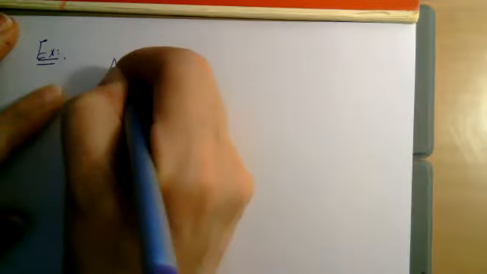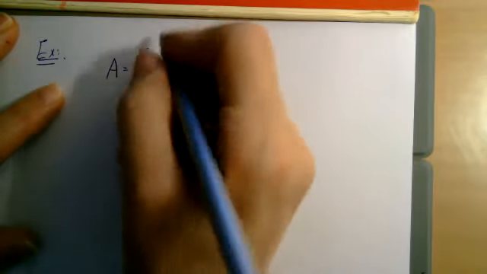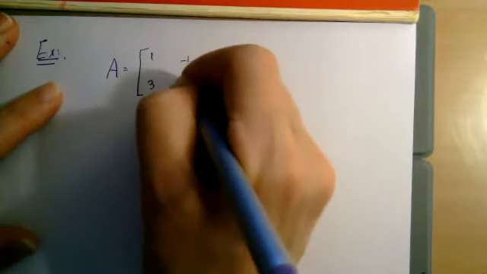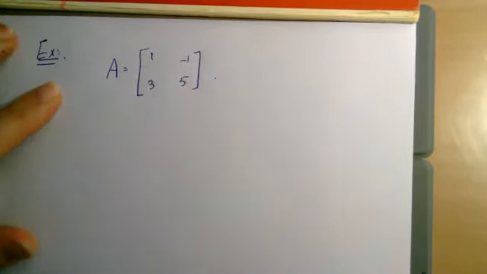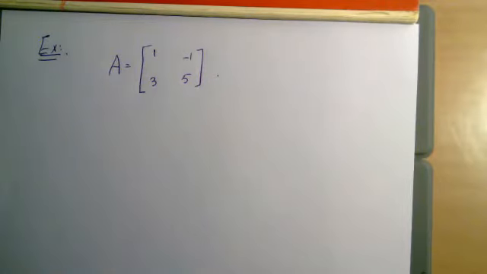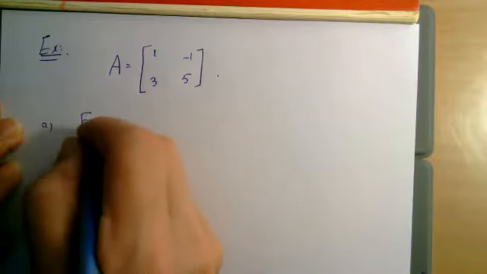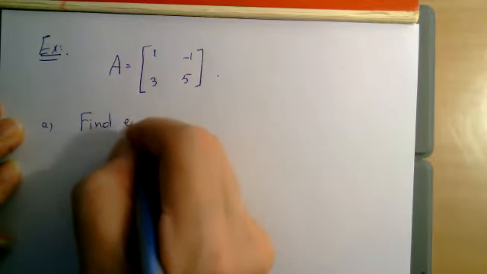Because the algebra can get messy in those problems, as you will realize, I will take a matrix where the algebra is not too messy. So let A be the following matrix: 1, 3, minus 1, 5. The question has two parts. First, find the eigenvalues.